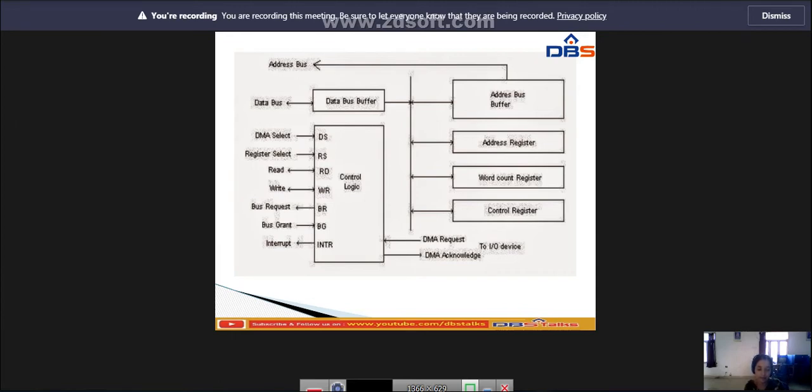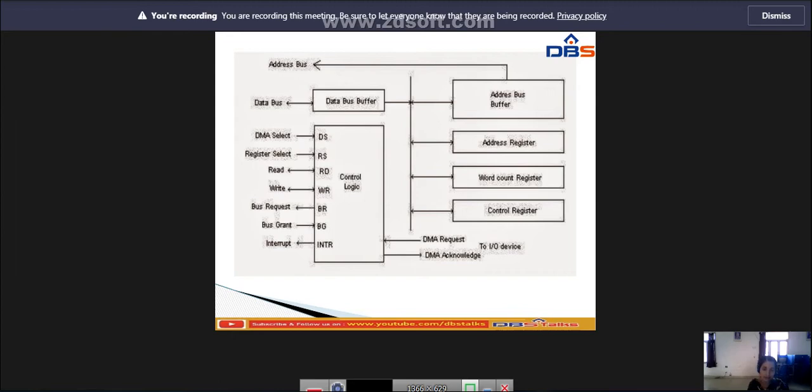Read means the data will be available, and store means the data will be stored, that is write. Here I have the word count, which is the number of words in the memory block. I already explained the address register, word count register, and control register.